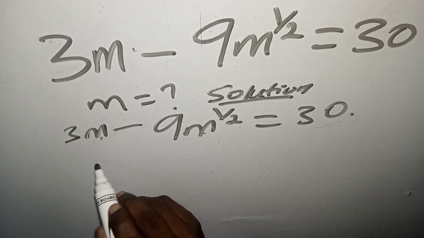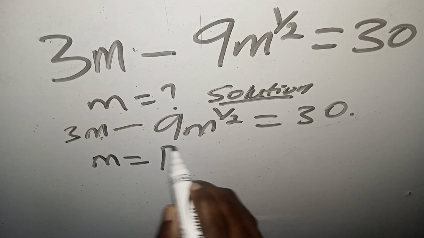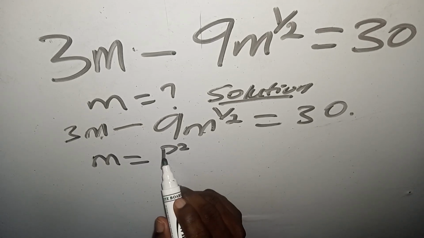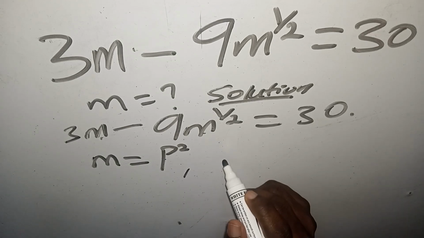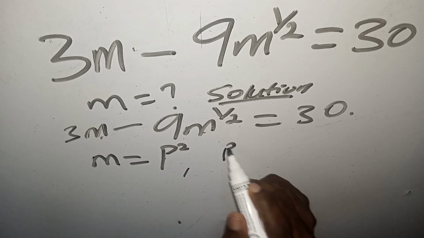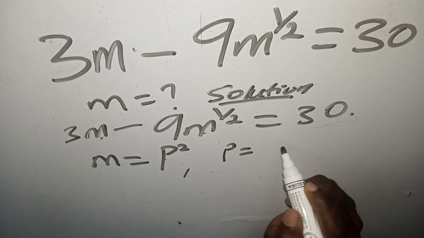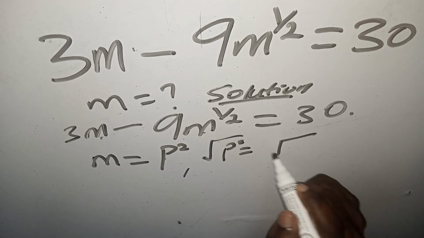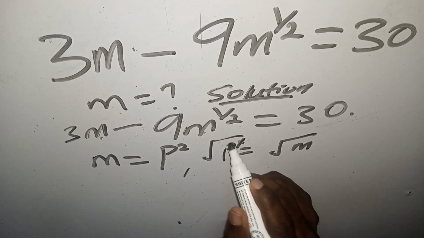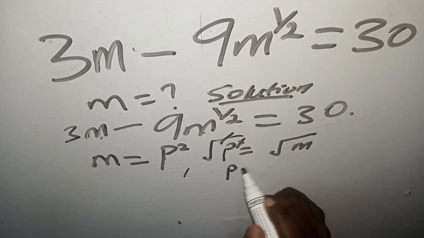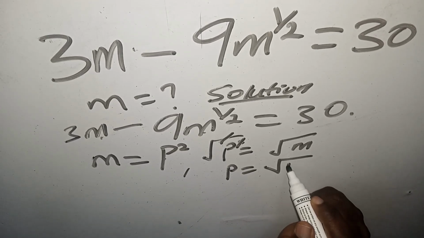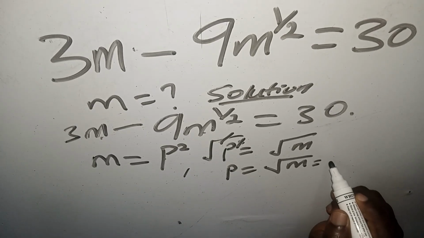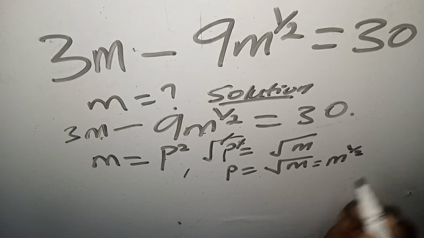Let's take m equals p squared. So in order for me to look for p, p is now equal to, if I square root both sides, the root of m, which is also equal to m to the power of 1 all over 2.